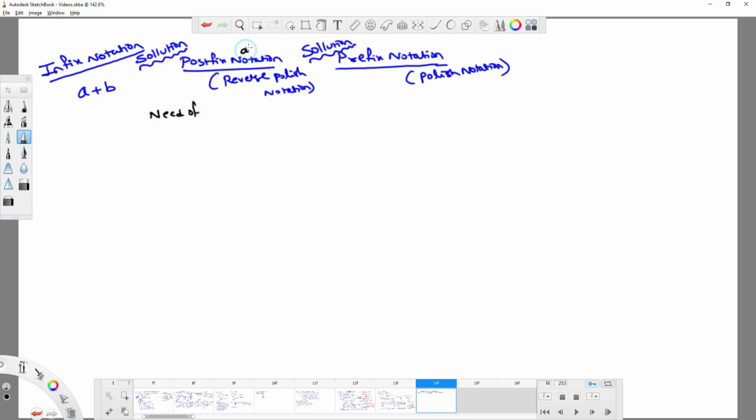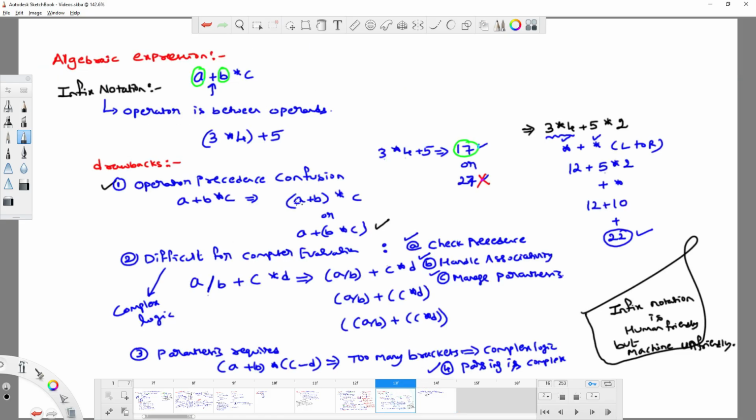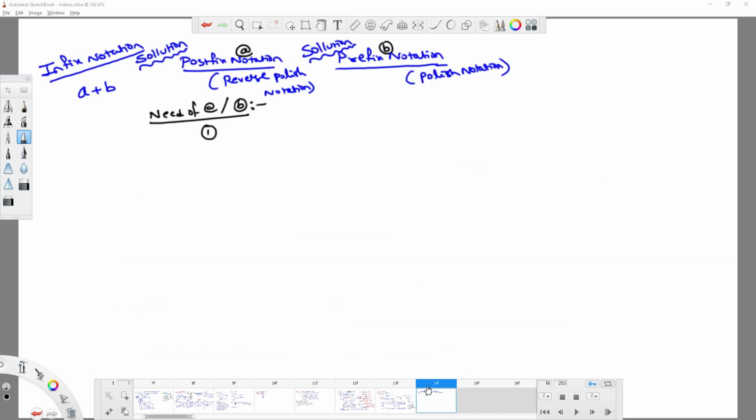Let's say this one is A and this one is B. What is the need of polish notation or prefix notation? Anyone? Try to think. We need not follow any kind of precedence rules, guys. The drawbacks we are facing in infix notation are going to be overcome by these two notations.